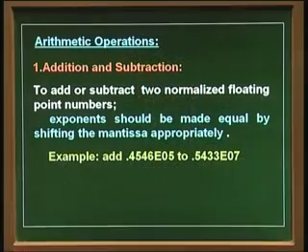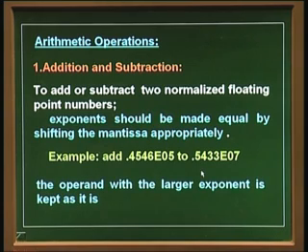For example, let's look at how we add, in base 10, 0.4546 times 10 to the power of 5 to 0.5433 times 10 to the power of 7. So how do we add this? Because it is normalized floating point, we have to make the exponents the same.